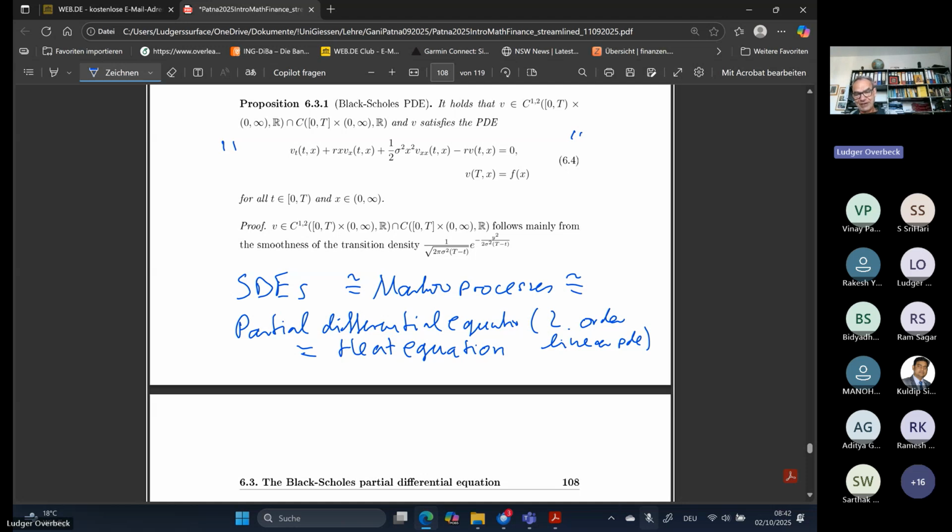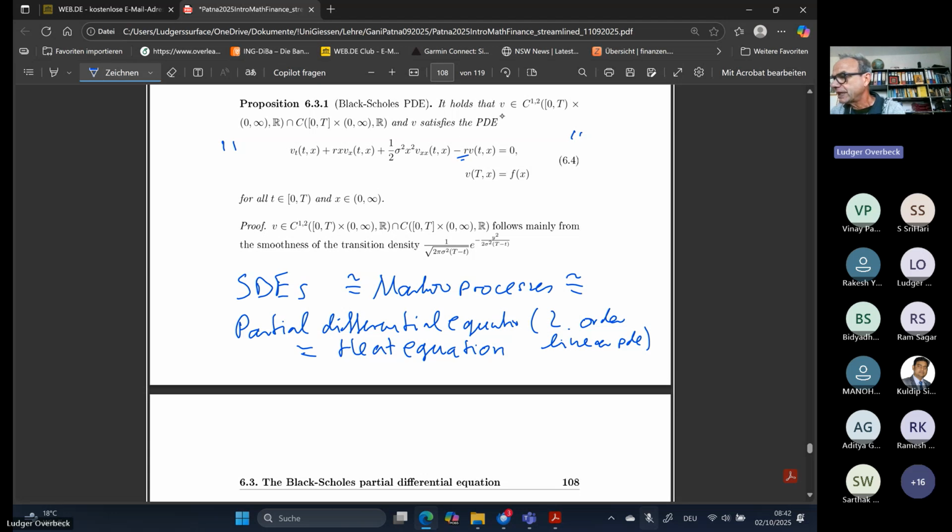V is a function of the state only, and V satisfies this partial differential equation because it's this path integral, so this expectation under the risk-neutral measure. So the risk-neutral measure gives you R, and sigma is still here, and so the partial differential equation.